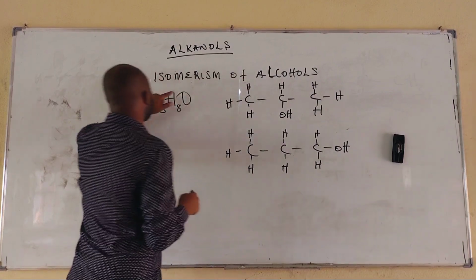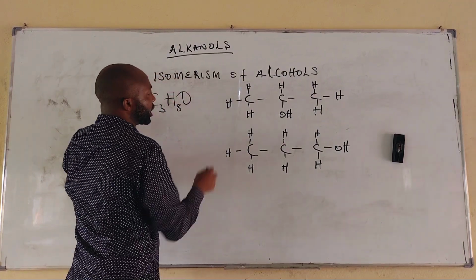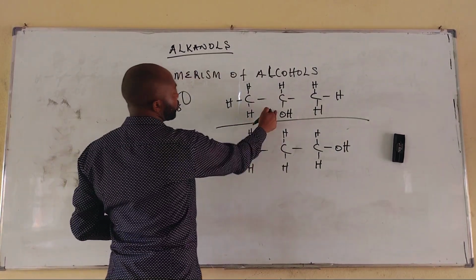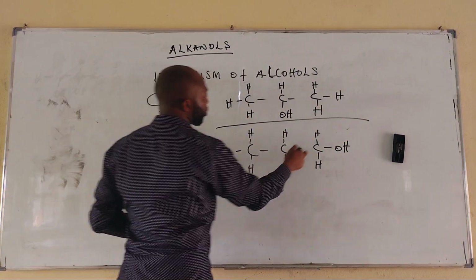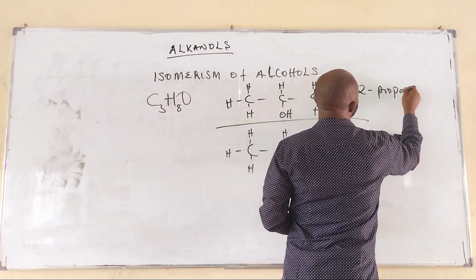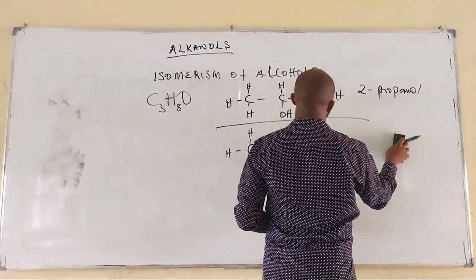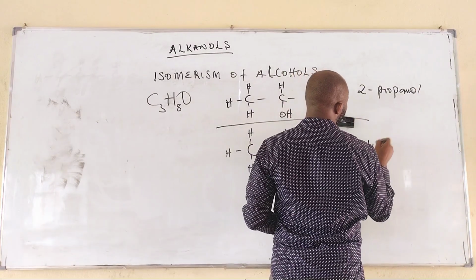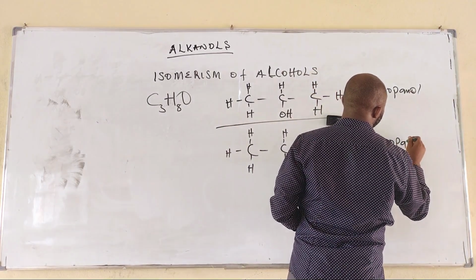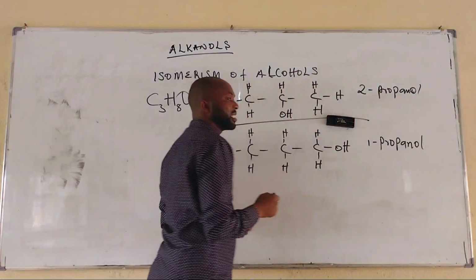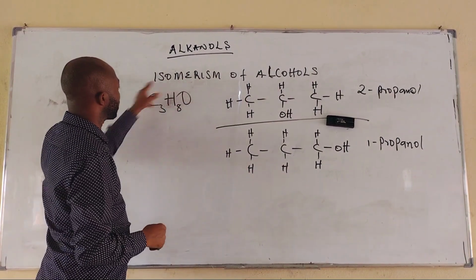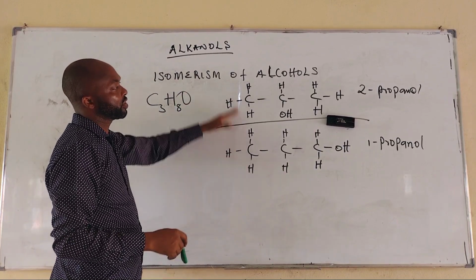So this one molecular formula gives two structural arrangements, which are this and this. This is 2-propanol, and this is 1-propanol. That is isomerism, where compounds have the same molecular formula but two different structures.